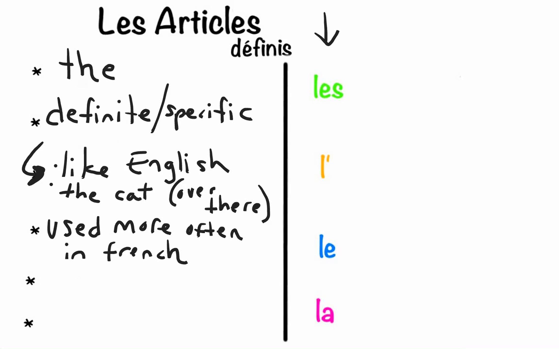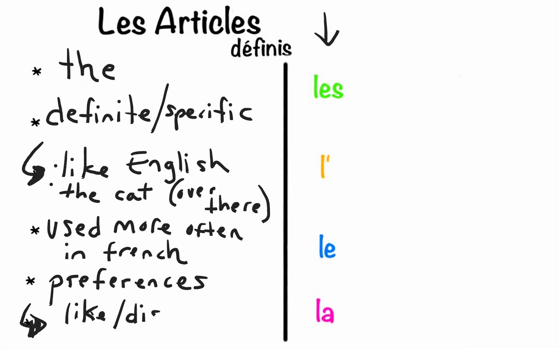So they're going to be used more often. For example, when you're talking about preferences. Okay, so preferences as in whether you like or dislike something.